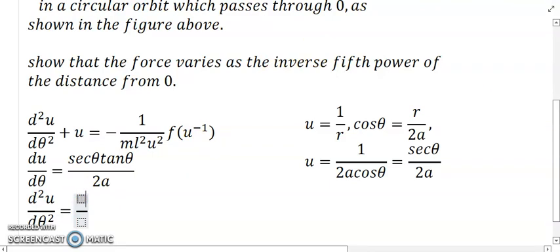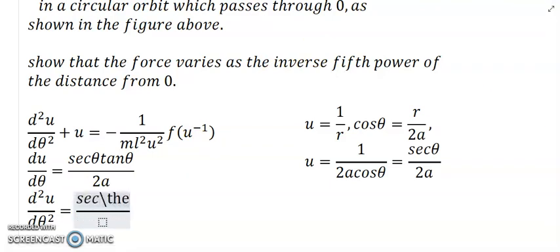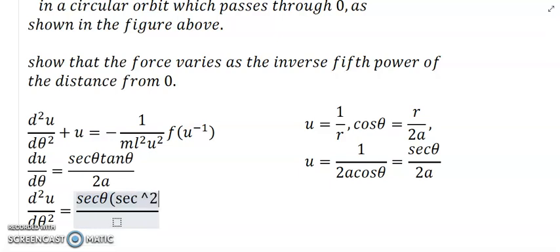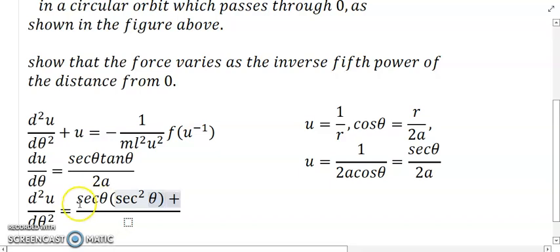We're gonna keep secant theta constant and differentiate tangent theta. The derivative of tangent theta is secant squared theta, plus, this time around we're gonna keep tangent theta constant and differentiate secant theta.